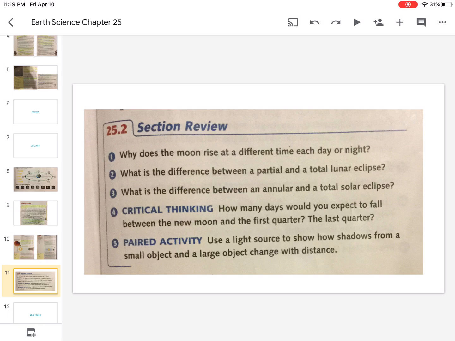Let's see. Why does the moon rise at a different time each day or night? Let's see, one second.